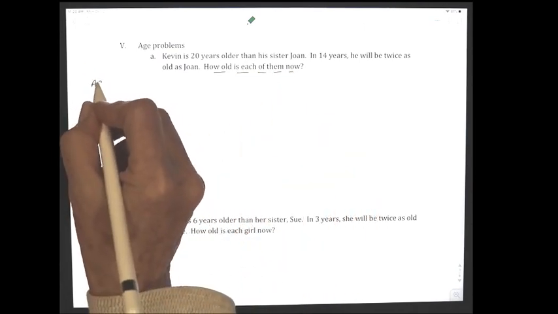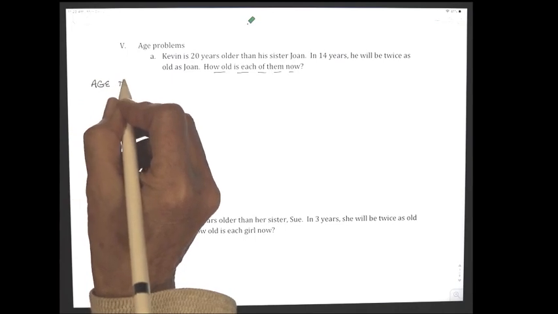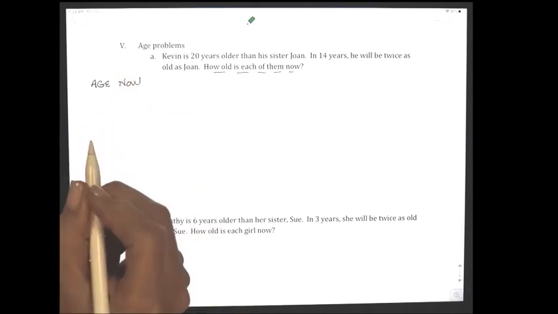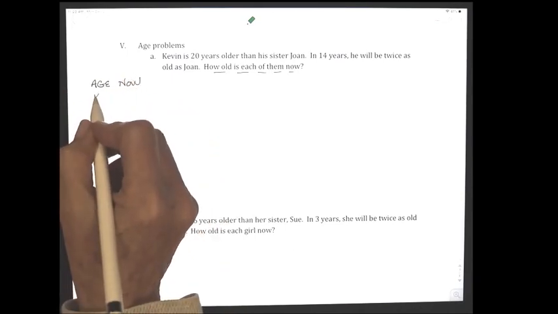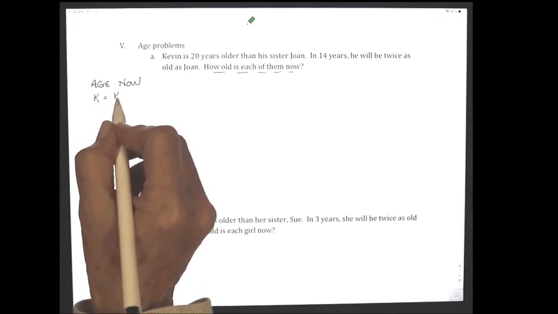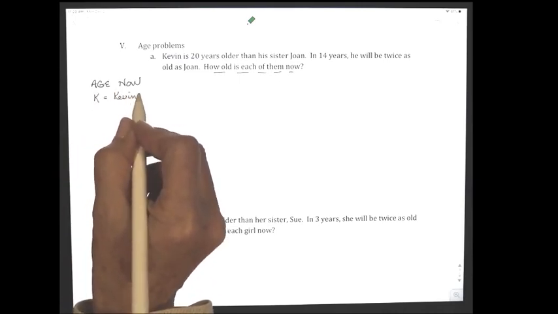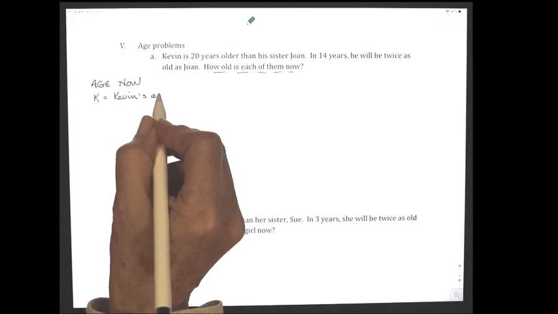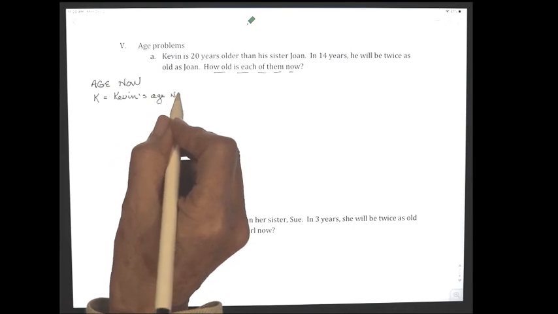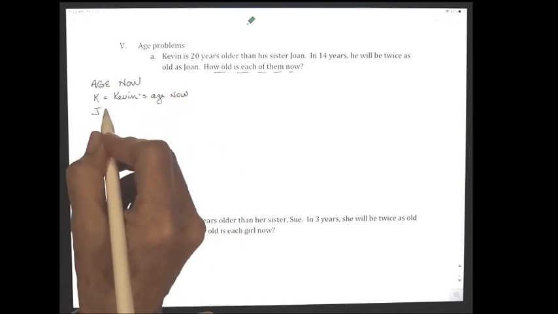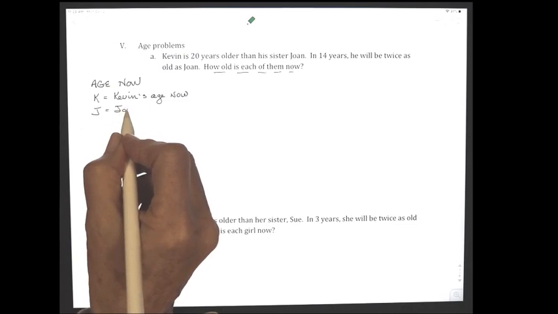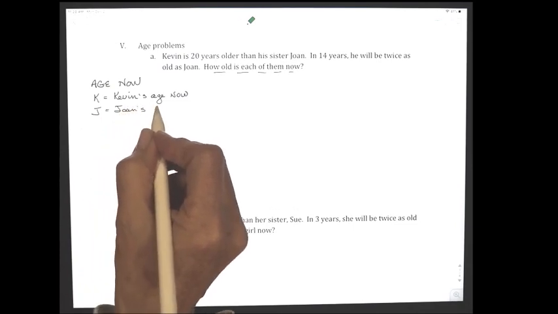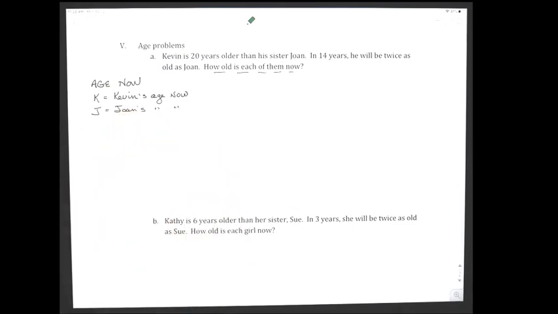So I like to label this age now. This K is going to represent Kevin's age now, and we'll let J represent Joan's age now, her current age.